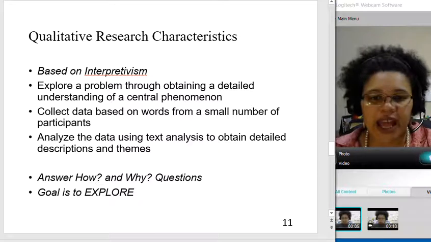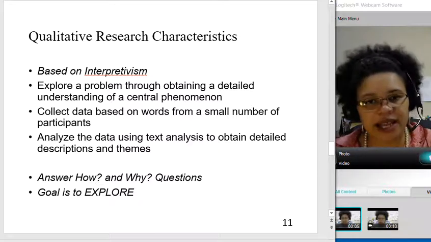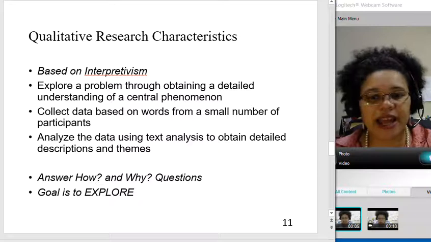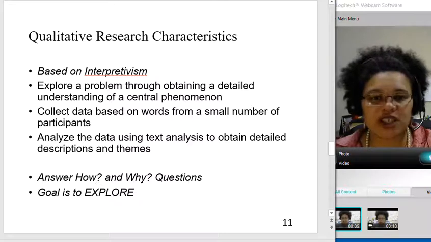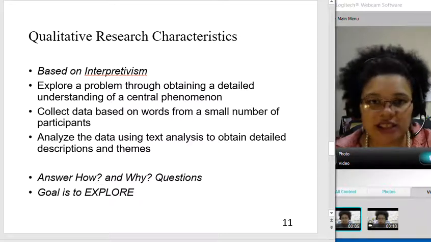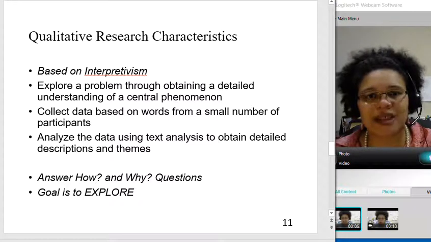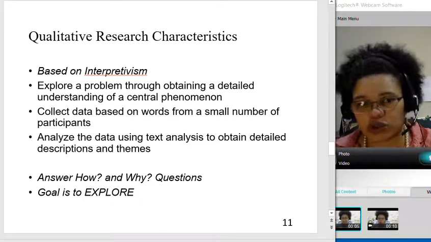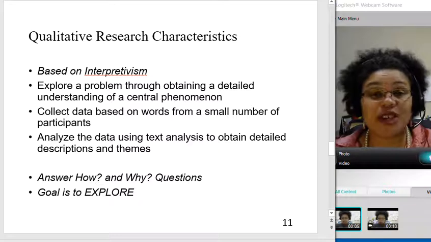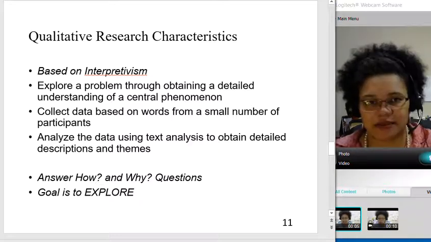Okay. And through qualitative approaches, we can answer how and why questions. So, process questions tend to lend themselves to a qualitative approach, and why questions, where we're getting really deep into why something happens in the social world. The goal is to explore. Okay, so more open ended than explain. Explore.